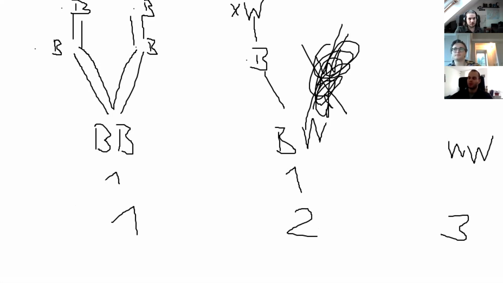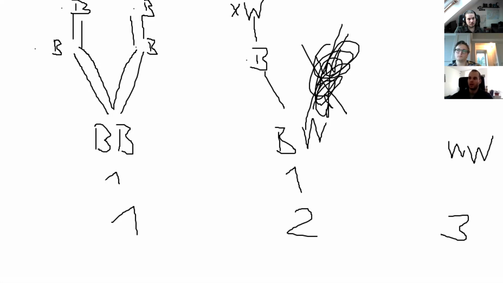So the probability of having a black-black card, if the first card is black facing up, is 2 divided by 2 plus 2 plus 0.